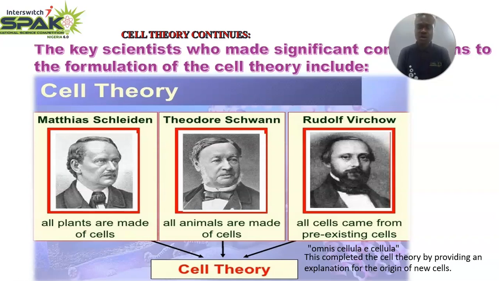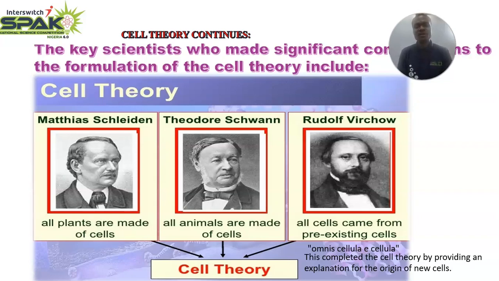The meaning of the statement is that cells come from cells. This discovery led the human race out of the dark as to the origin of new cells. From that time, we can understand that all cells come from pre-existing cells through the process of cell division.